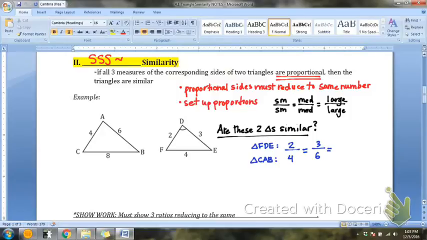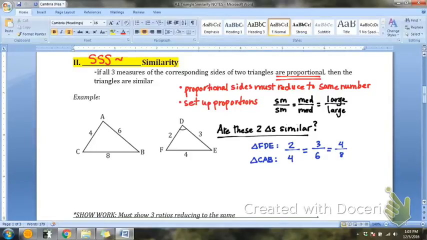How long is the longest side in triangle FDE, Belinda? 8. Oh, in triangle FDE. You were telling me CAB. So look at FDE. 4. Good. And then CJ, in triangle CAB, the longest side is 8.